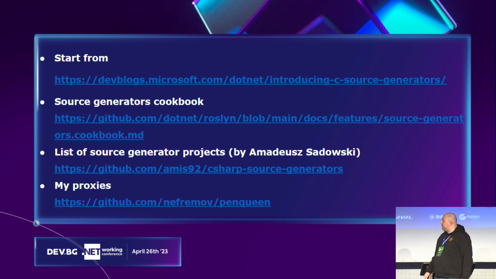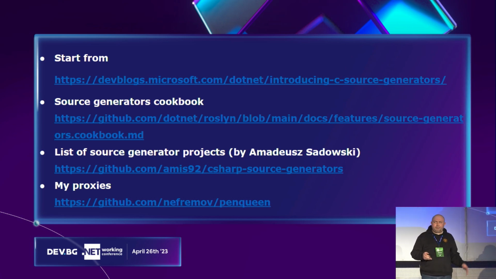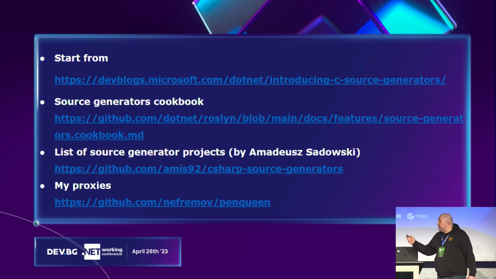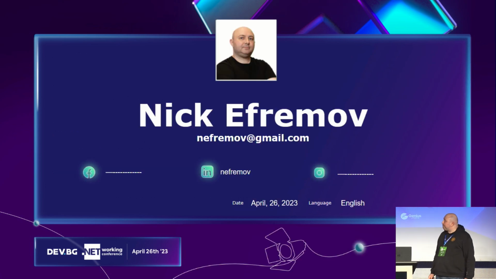And then Amadeusz Sadowski created a list of popular projects based on source generators. You may find there approximately 100 different applications of source generators. And the last one is my humble contribution here. I created some proxies for Entity Framework.